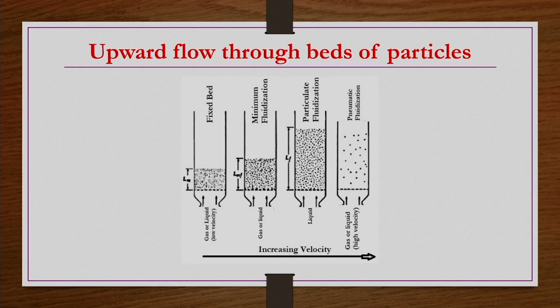This is what we see pictorially now. What do we have here? We have a column. At the bottom there is a perforated plate and then particles have been poured to some portion of the column onto this perforated plate.